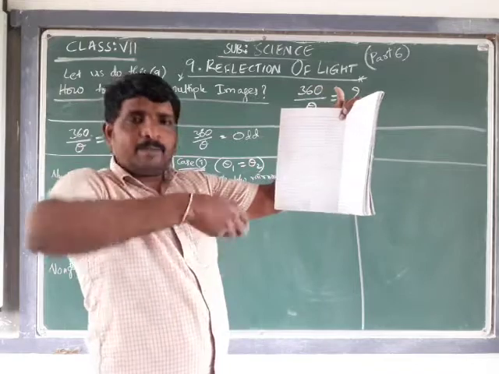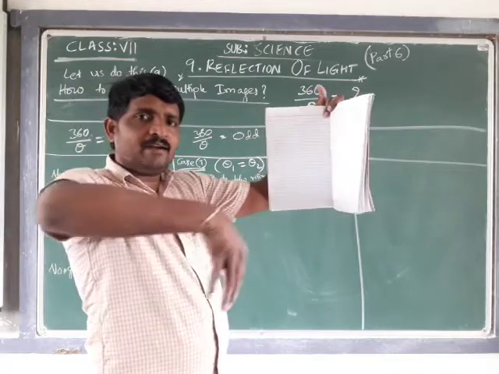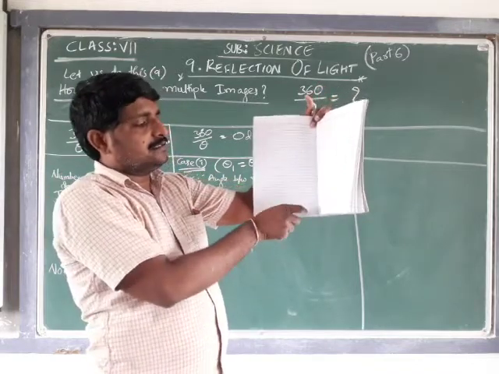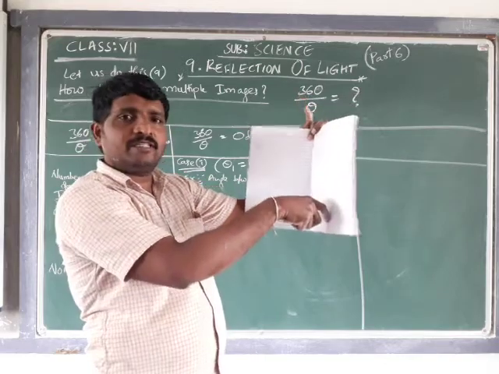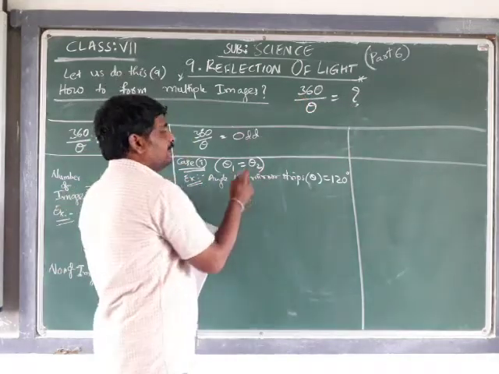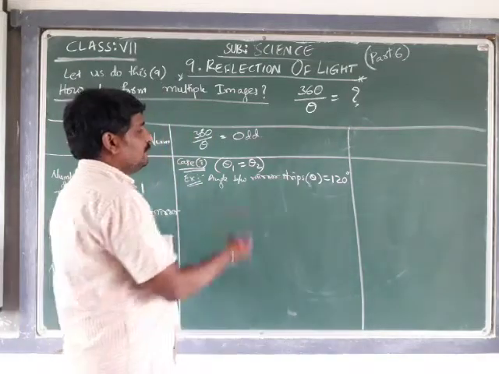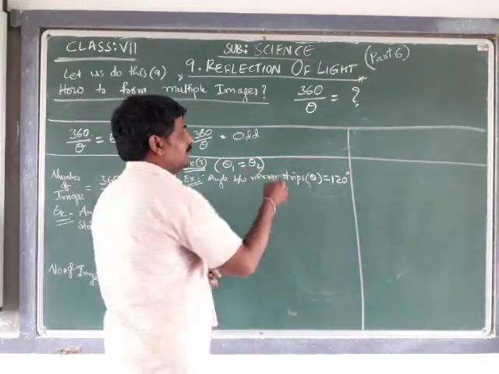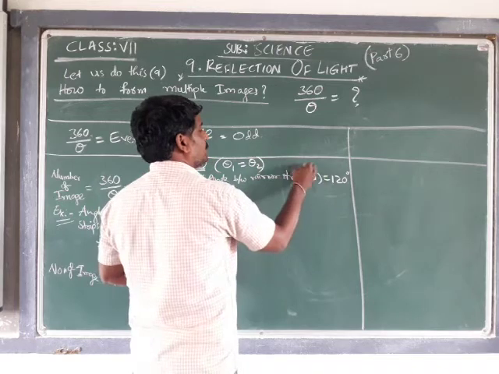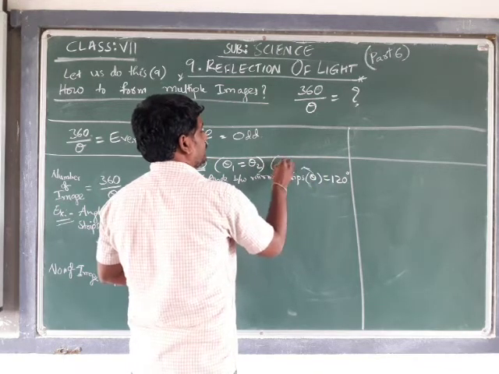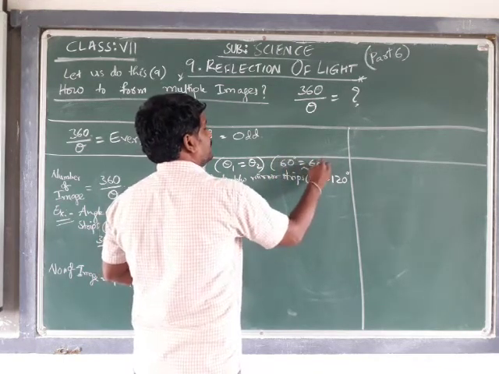I am placing it exactly such that if I draw a line, theta 1 is 60 degrees and theta 2 is equal to 60 degrees. If the candle is placed exactly, theta 1 is equal to theta 2, that is symmetry. The angle is divided into two parts, 60 degrees equal to 60 degrees.